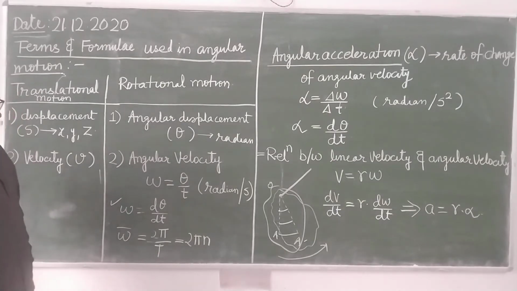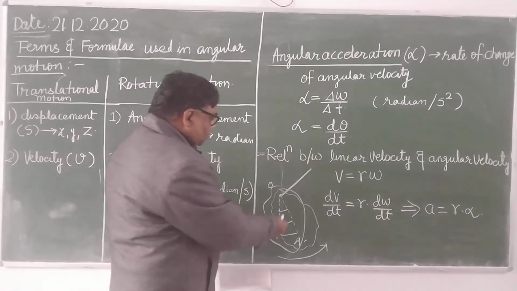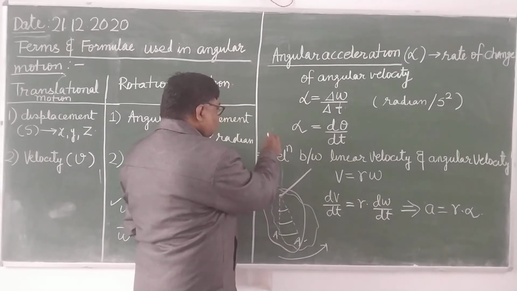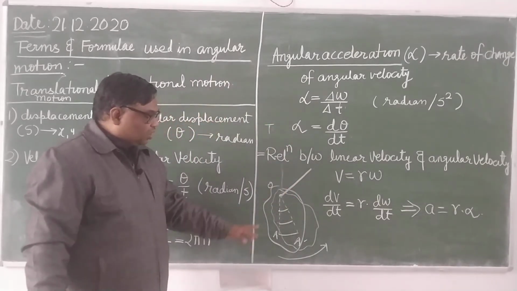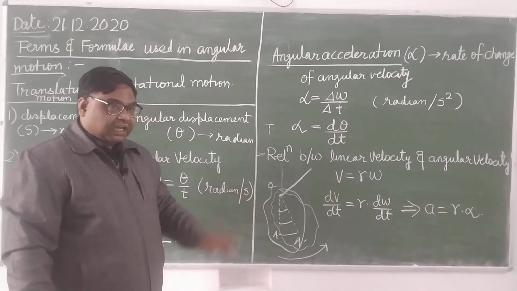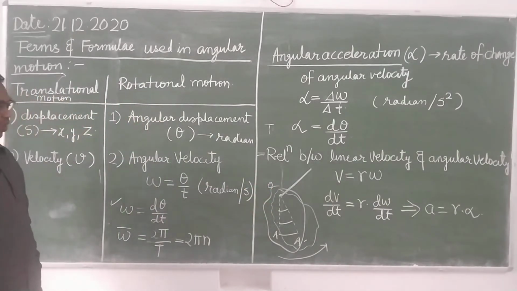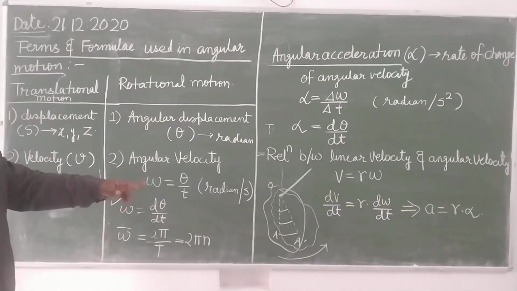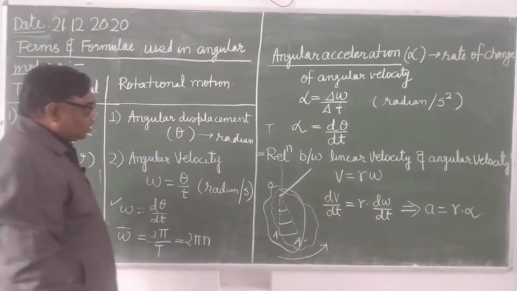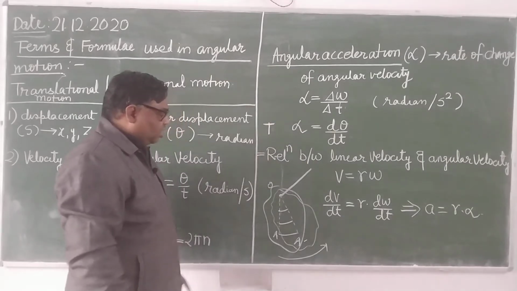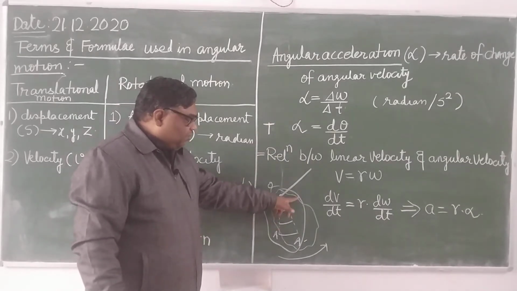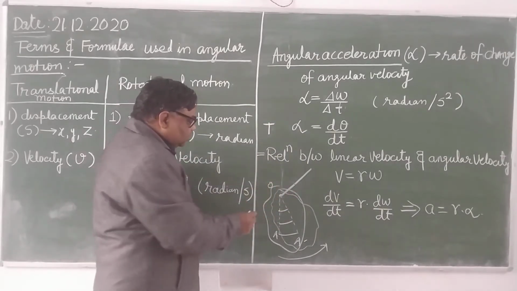Now see here, if this body is completing one rotation in time capital T about this axis, then capital T will be the periodic time of the body. Capital T is the time in which this particle completes one circle.